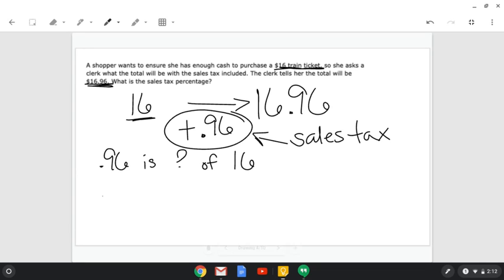So let's translate this to some math. 0.96 is, let's use P for percentage, of 16. So how am I going to get rid of multiplying by 16? What's the opposite of multiplying by 16? Dividing by 16.